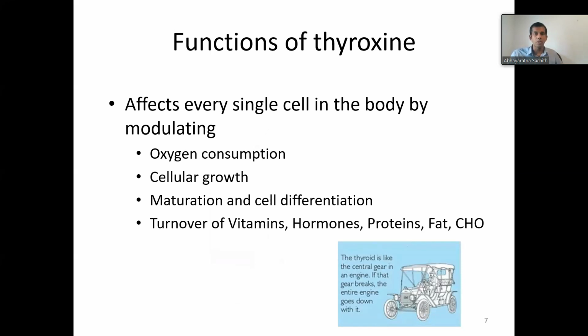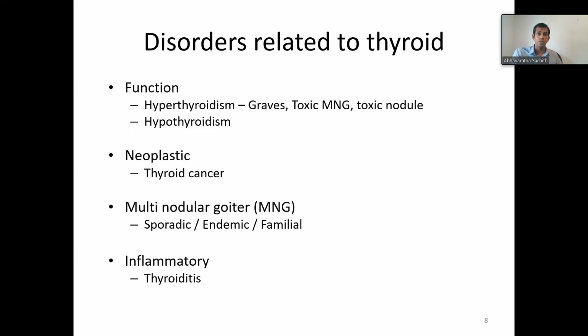As I mentioned before, most of the cells in your body will utilize these thyroxine hormones. And when there is deficiency or increased levels of thyroxine, there will always be changes in multiple systems. So you will have multiple signs and symptoms when you have thyroid disorders. Now, disorders can be categorized into several categories based on function. We divide into hyper and hypothyroidism.